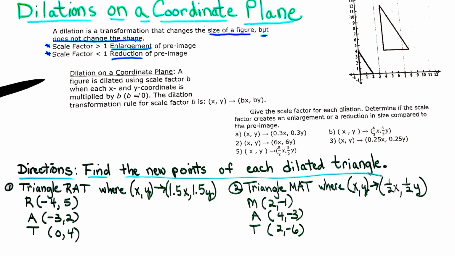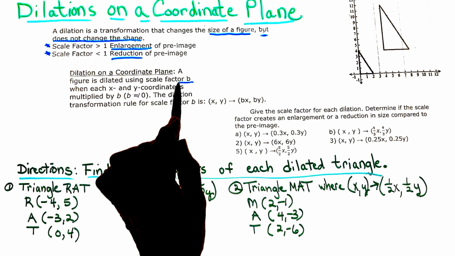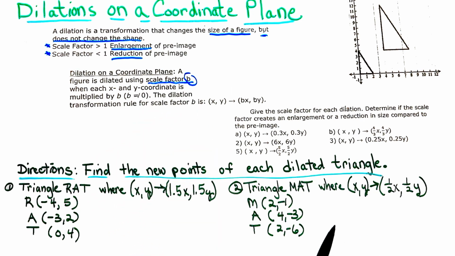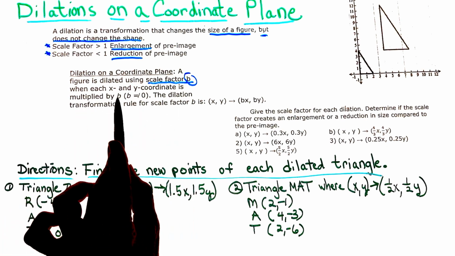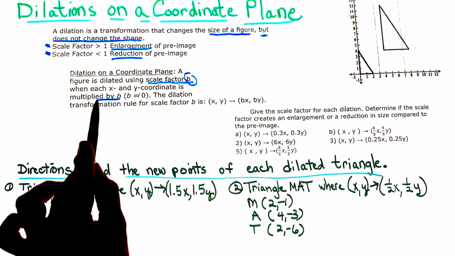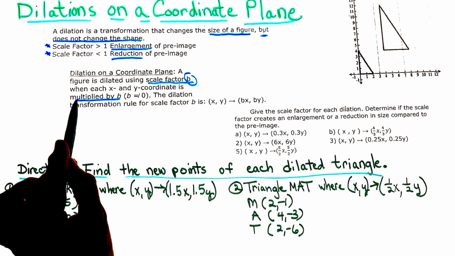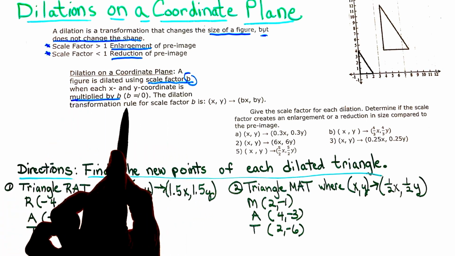So when we have a dilation on a coordinate plane, a figure is dilated using the scale factor, and when we represent the scale factor in our little formula, we're just going to call it b. And so when each coordinate, x and y, is multiplied by b, notice it must be the exact same number that we're multiplying x and y by. The dilation transformation, here's our rule.